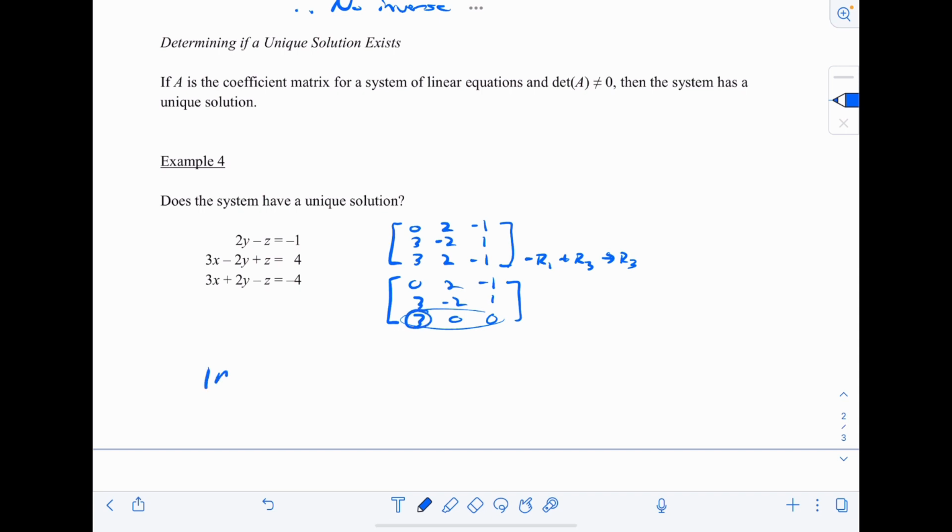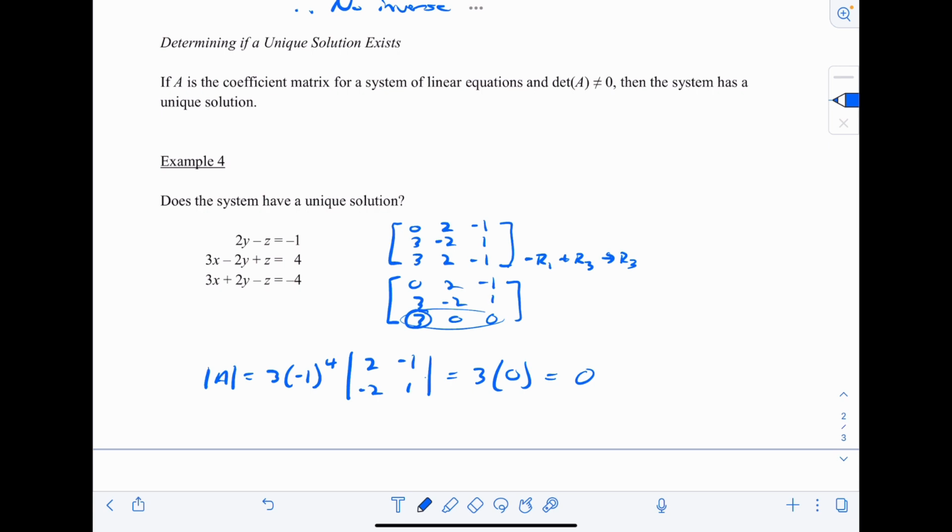So the determinant of A is going to be that entry 3 times negative 1 to the power of 4, row 3, column 1, and then times the determinant of 2, negative 1, negative 2, 1, which is just going to be 3 times 2 minus 2, which is 0, so 0.